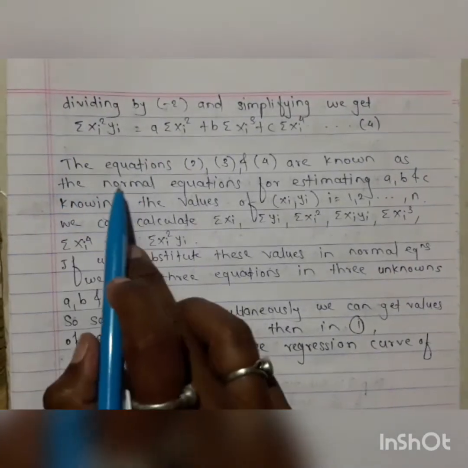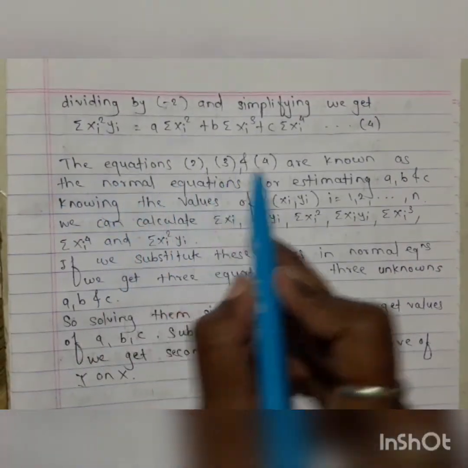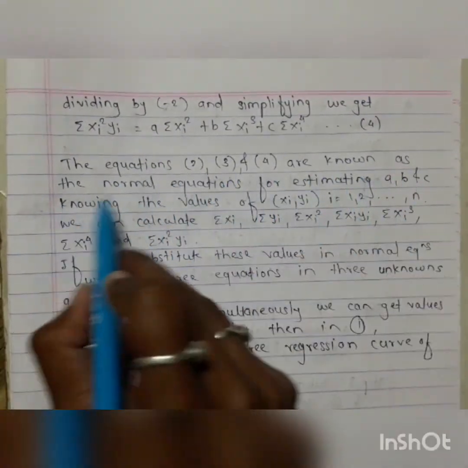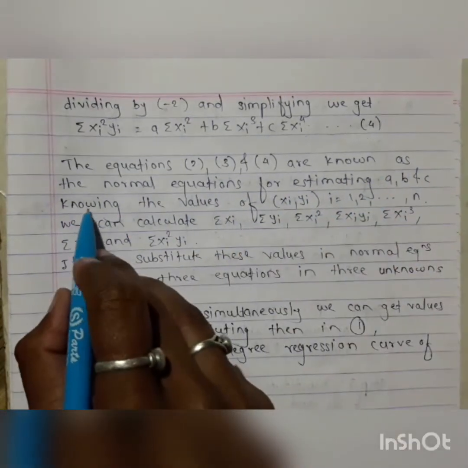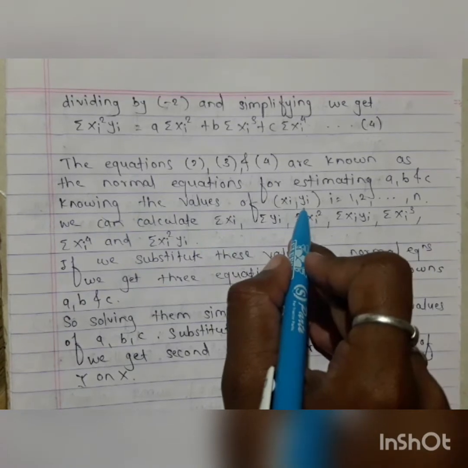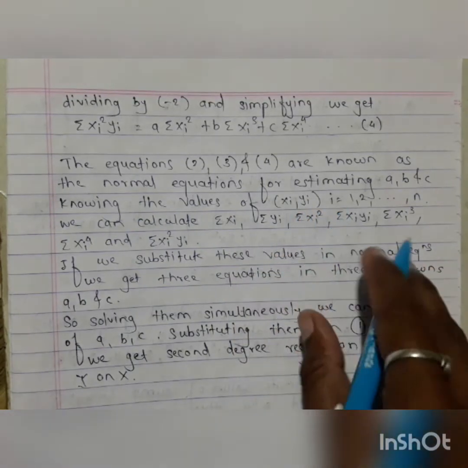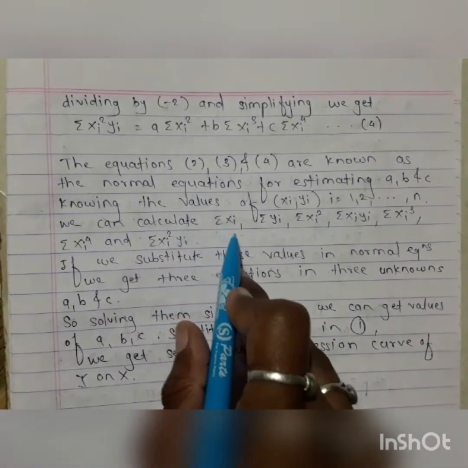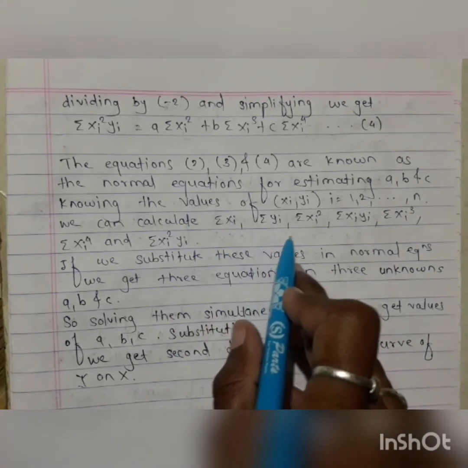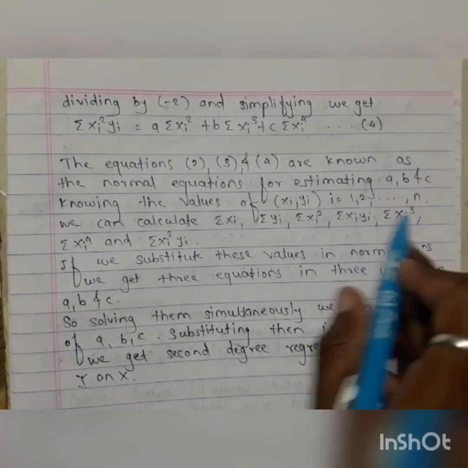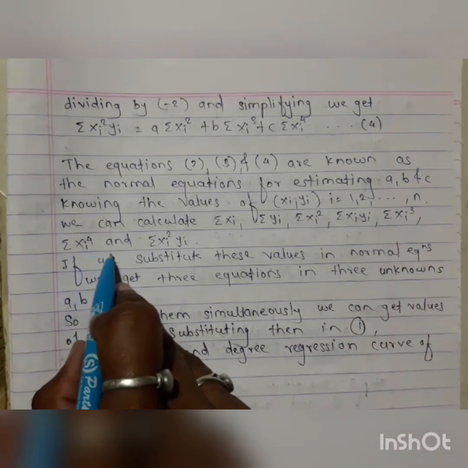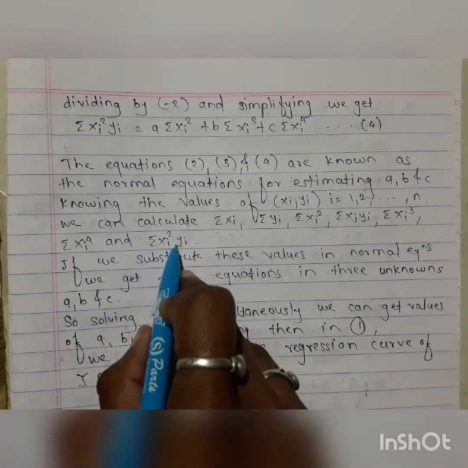Then the equations 2, 3 and 4 are known as the normal equations for estimating a, b and c. Knowing the values of xi, yi, i running from 1 to n, we can calculate summation xi, summation yi, summation xi square, summation xi yi, summation xi cube, summation xi raised to 4 and summation xi square yi.